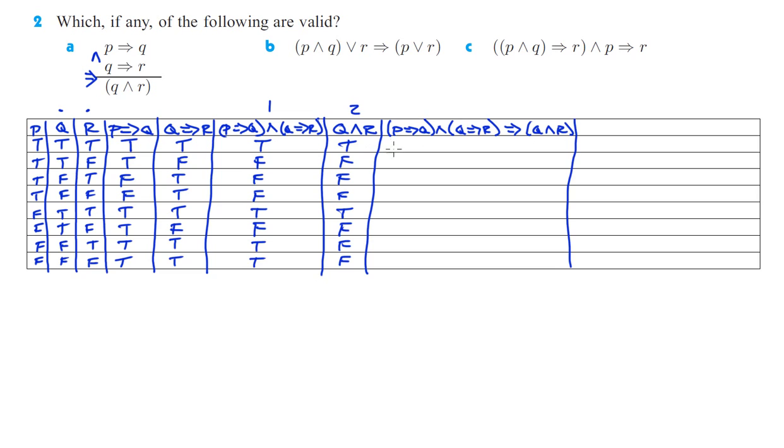Whew, that's a long one. Okay, so let's fix that. P implies Q and Q implies R, there's our if statement, and Q and R is our then statement.